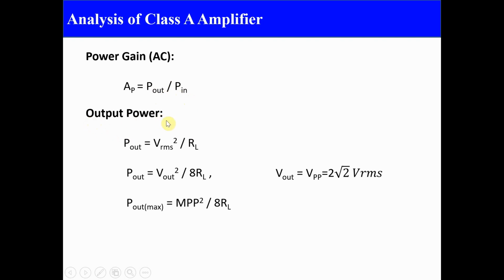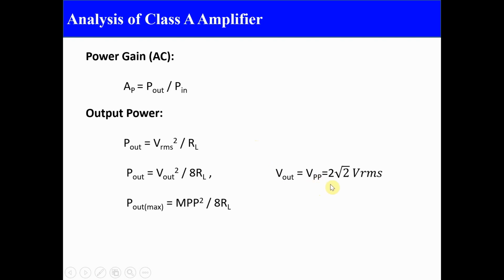The output power, denoted by P out, is equal to Vrms square divided by RL, because we represent an AC signal in terms of RMS, but on a CRO or on paper we represent the peak to peak value. The relation of Vrms and peak to peak is shown here.